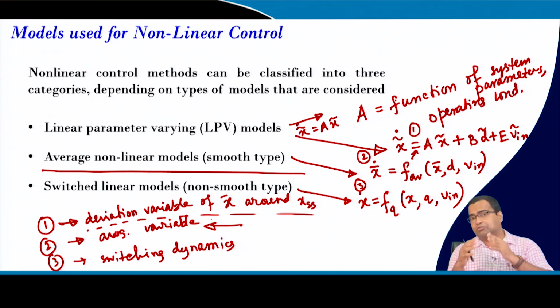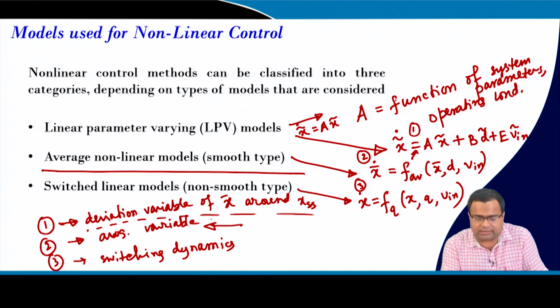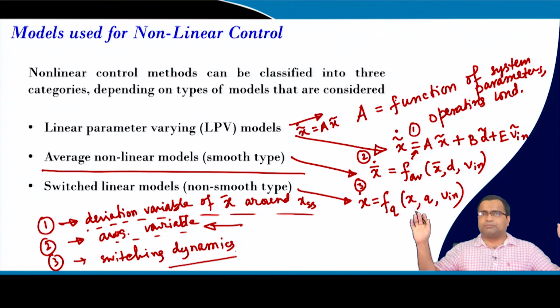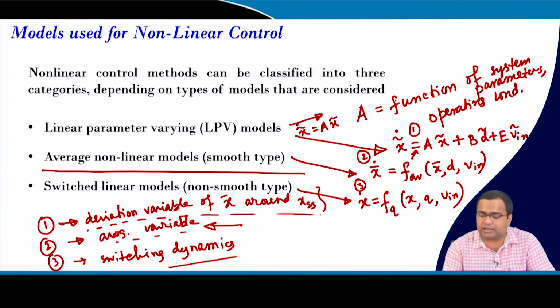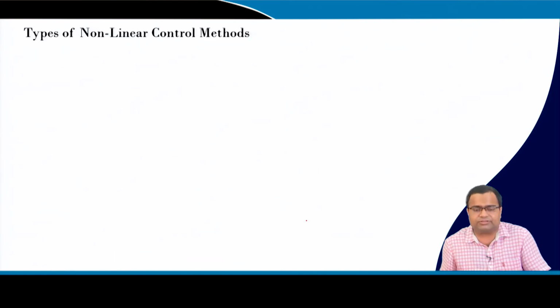But if we can tune the linear control properly, then you can get somewhat better closed-loop behavior. The switching dynamics model is the one which takes care of the switching behavior, and it can get the fastest performance, which cannot be achieved using either of these two models, I would say.